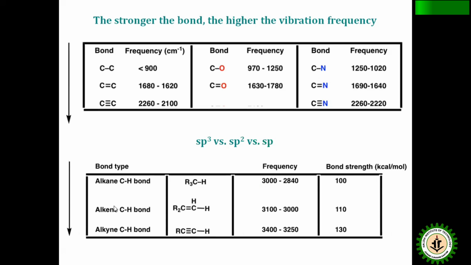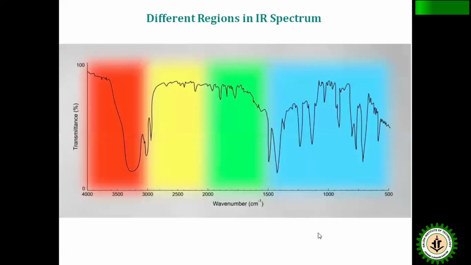As we know, the CH bond of alkene is stronger than the CH bond of alkane, and the CH bond of alkyne is even stronger than the CH bond of alkene, as shown here. As a result, the CH bond of alkyne has the highest vibrational frequency.